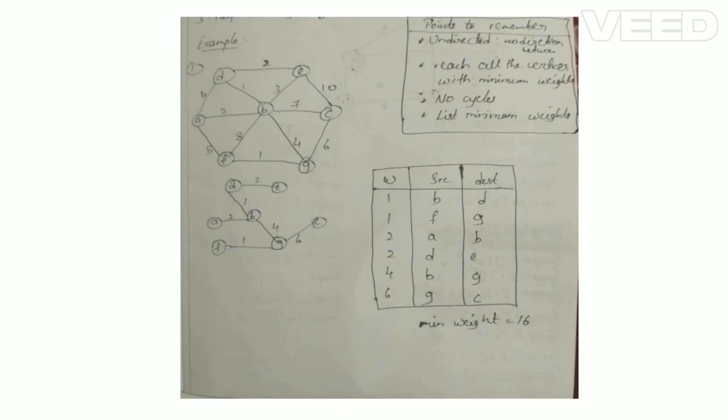After that we will get a minimum spanning tree as given below, which travels from A to B with weight 2, B to G 4, G to C 6, B to D 1, D to E 2, and G to F is 1. So it forms a minimum weight of 16.